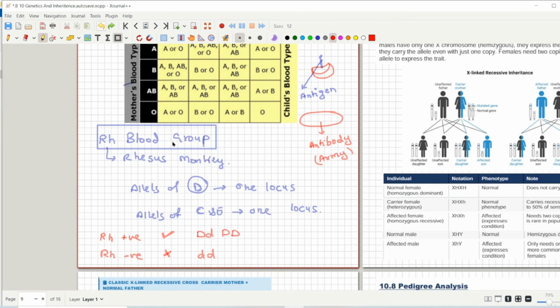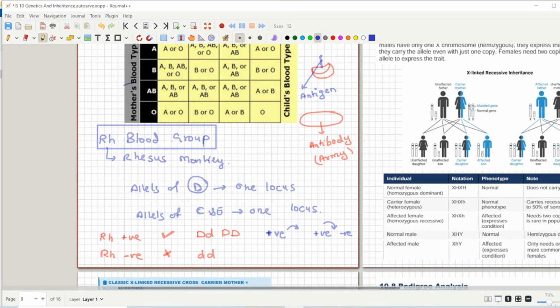I think we can add more things here. The next thing that we can add here is which can donate to whom. So first of all, you need to know that Rh positive can donate to positive blood groups, while it can receive from positive and negative both, right?